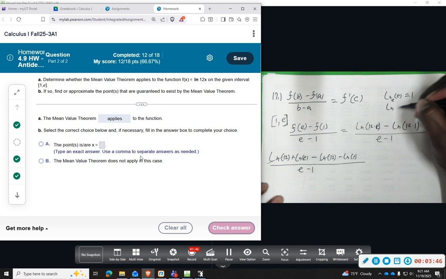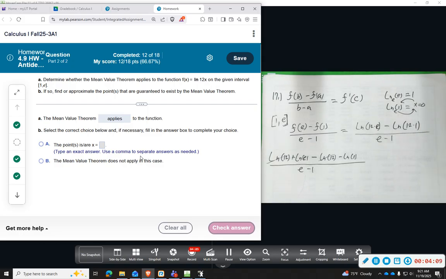And ln of 1, if you think about exponential notation, it has a base of e. What is that equal to? In algebra, we talked about taking e, raising it to some power, and it's going to equal 1. The only thing that when you raise something to a power equals 1 is 0. So this is equal to 0.